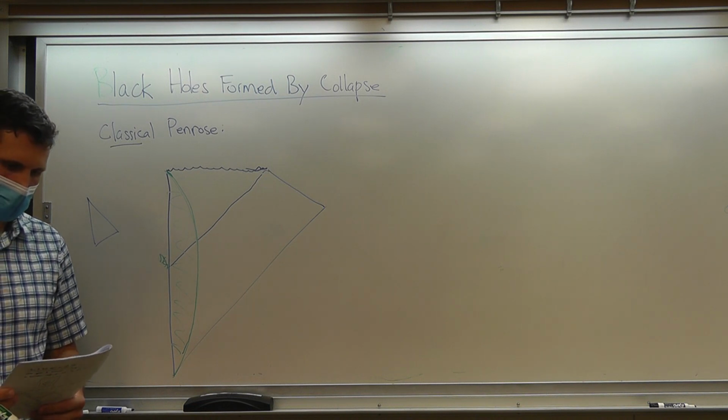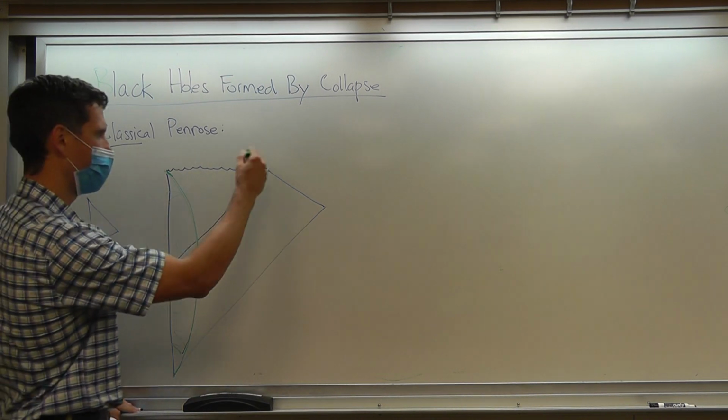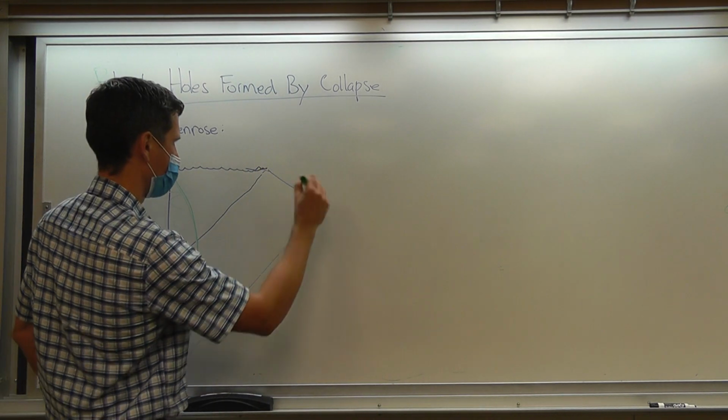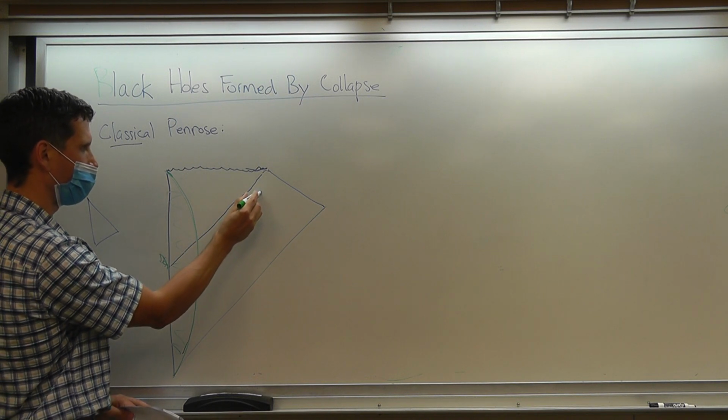What we want to do is understand, in this situation, an actual black hole, what is the state of the quantum fields up here somewhere? What we want to show is that there's outgoing Hawking radiation.